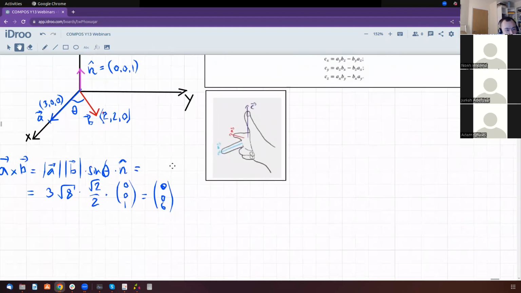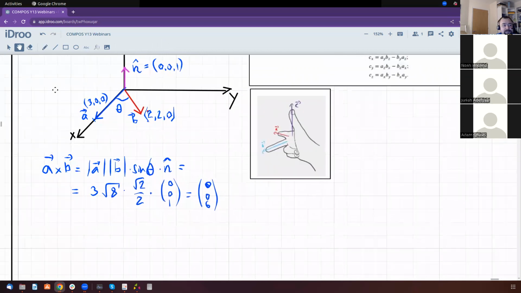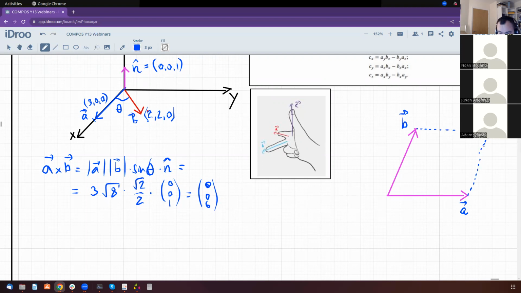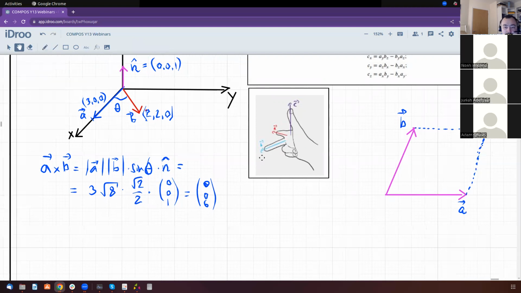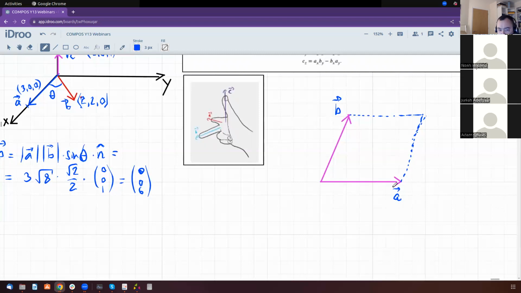Another property of this: if you draw the vectors A and B, vector A and vector B, and you draw a parallelogram, the area of the parallelogram, well, if this angle is theta, that means that this altitude, h, is going to be modulus of B sine theta.